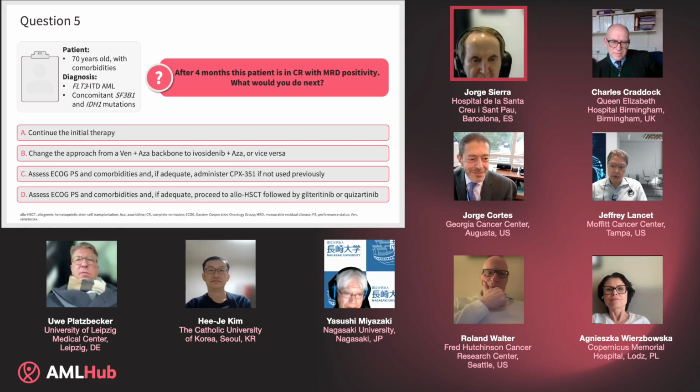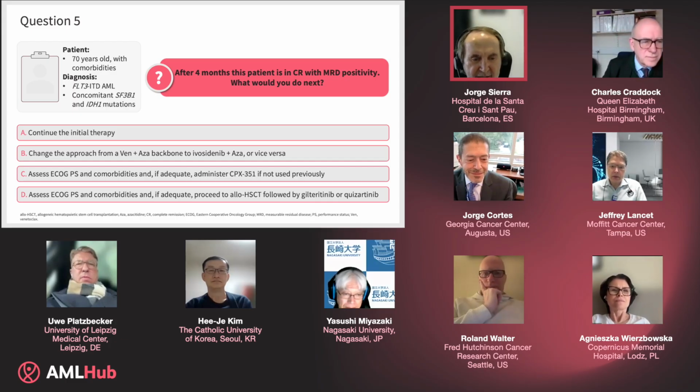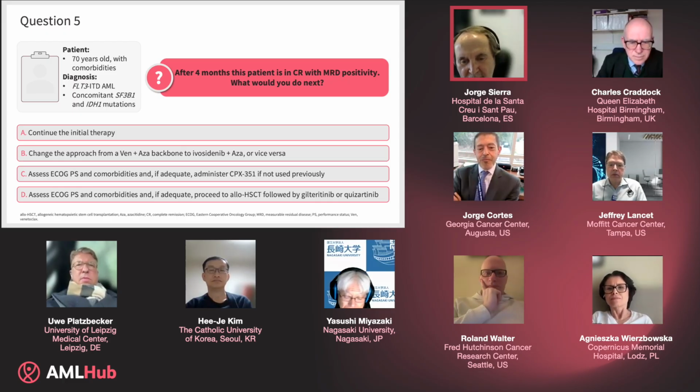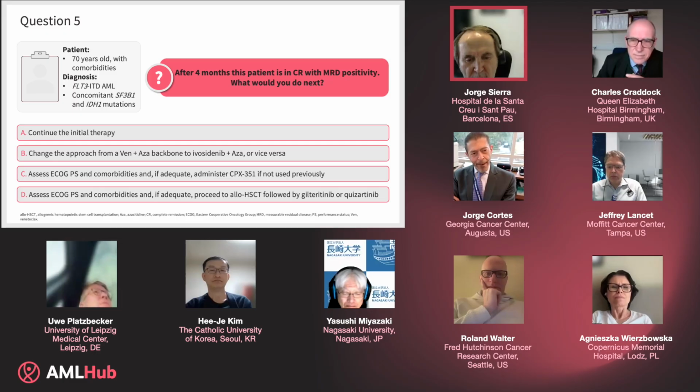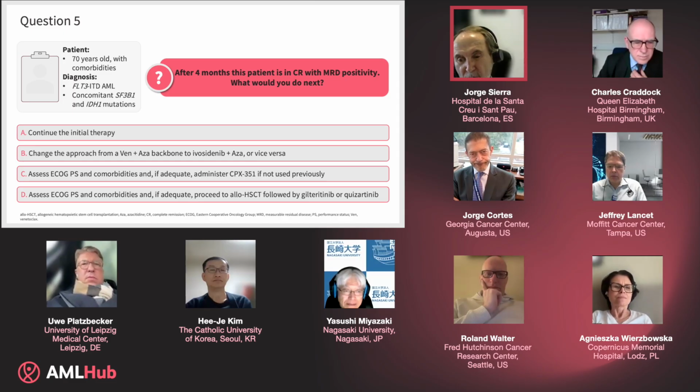Continue the initial therapy, change the approach from Ven-Aza backbone to ivosidenib AZA or vice versa, assess ECOG performance status and comorbidities, and if adequate, administer CPX if not used previously, or assess ECOG PS and comorbidities, and if adequate, proceed to allotransplant followed by gilteritinib or quizartinib.